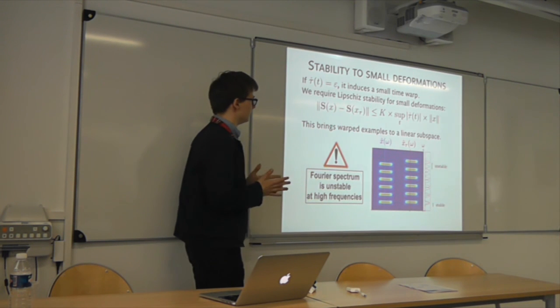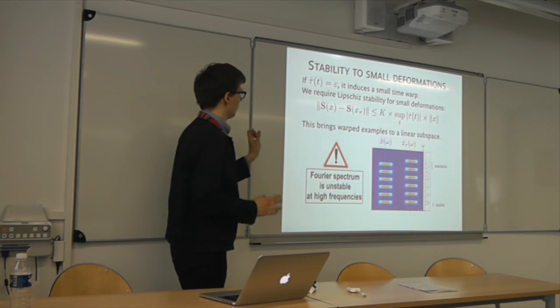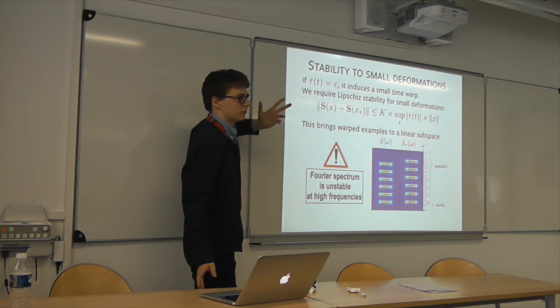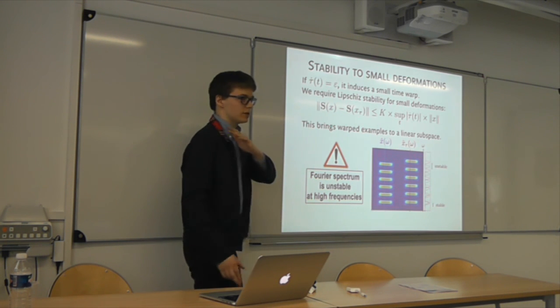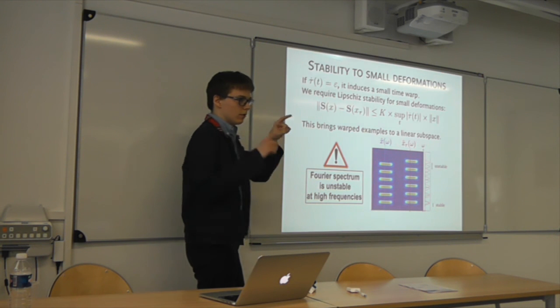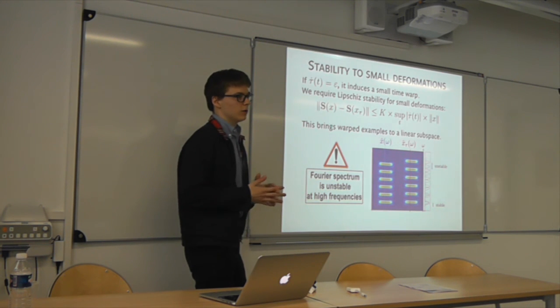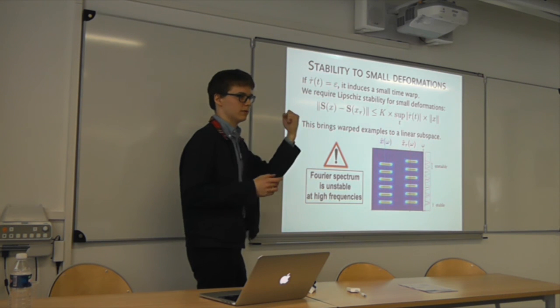So that's a Lipschitz inequality, only for small time warps. And that's pretty natural, because in classification this will mean that all the green rectangles that I showed you previously will somehow belong to a linear subspace of the original example.